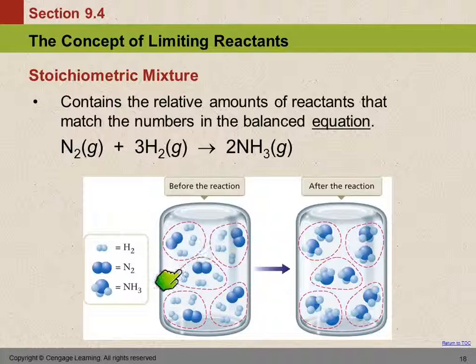And they've put red dotted lines around that so that you can see them. They've grouped them for you. And so what happens when that reacts is that the things in this red circle react to form 2 ammonia molecules. That's the right ratio to make 2 ammonia molecules. Okay, does that make sense? You've got just the right amounts of everything.